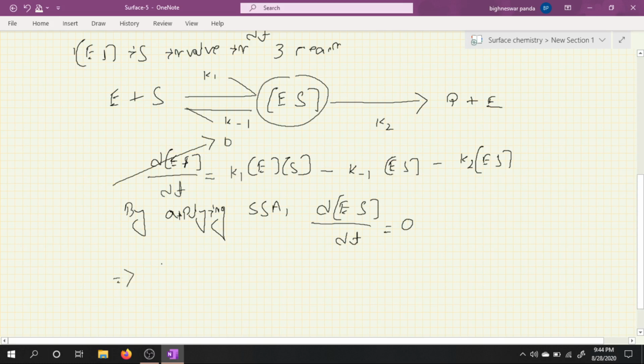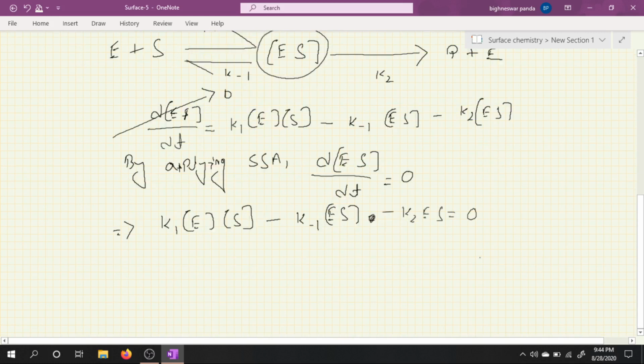So K1 E S minus K minus 1 ES minus K2 ES equals 0. Consider this as equation 2.